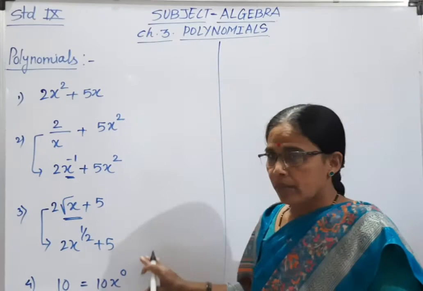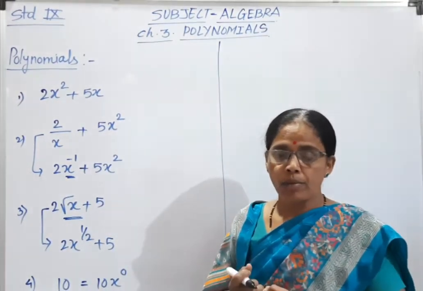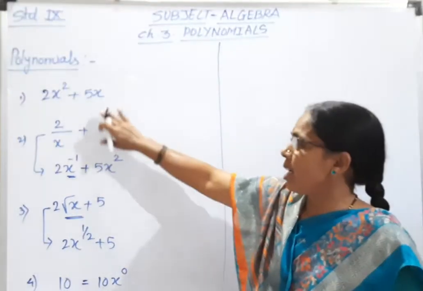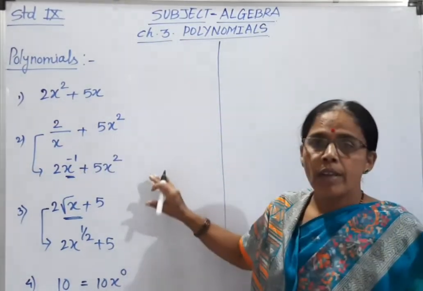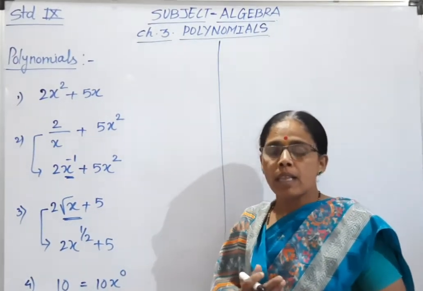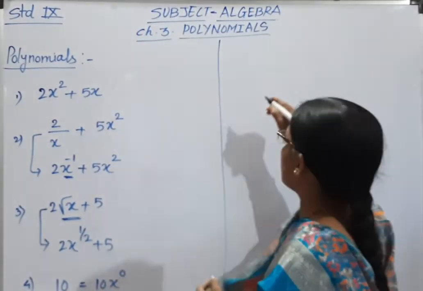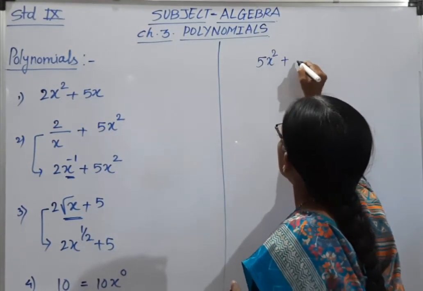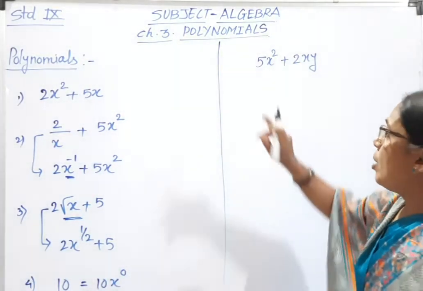Now we have to learn about the order of the polynomial. All these examples are given in one variable, only the x variable is used, everywhere only one variable. If more than one variable is there in an example, for example, suppose 5x square plus 2xy.